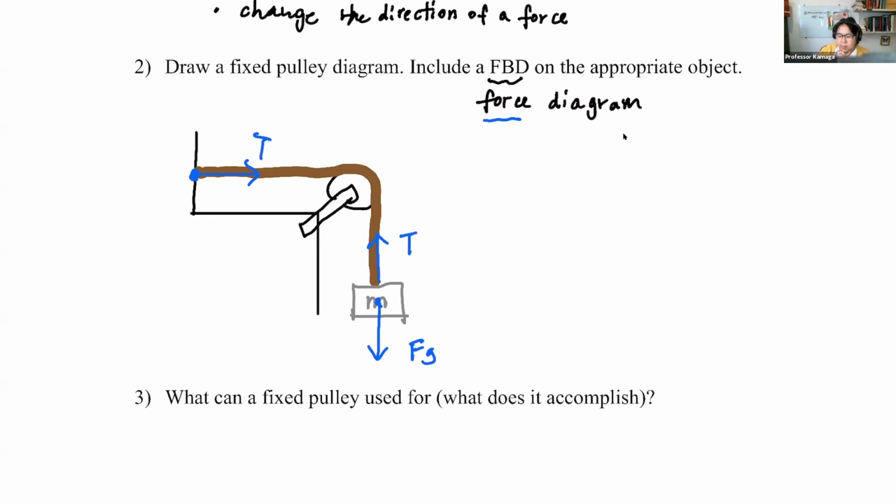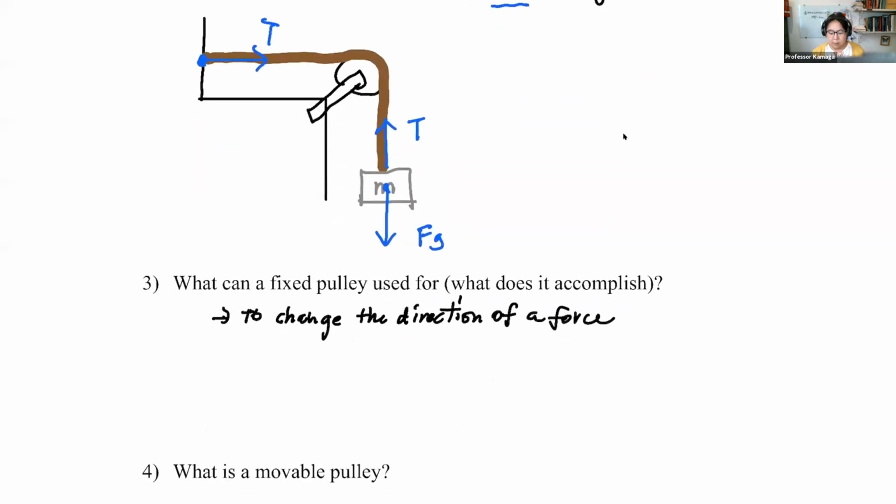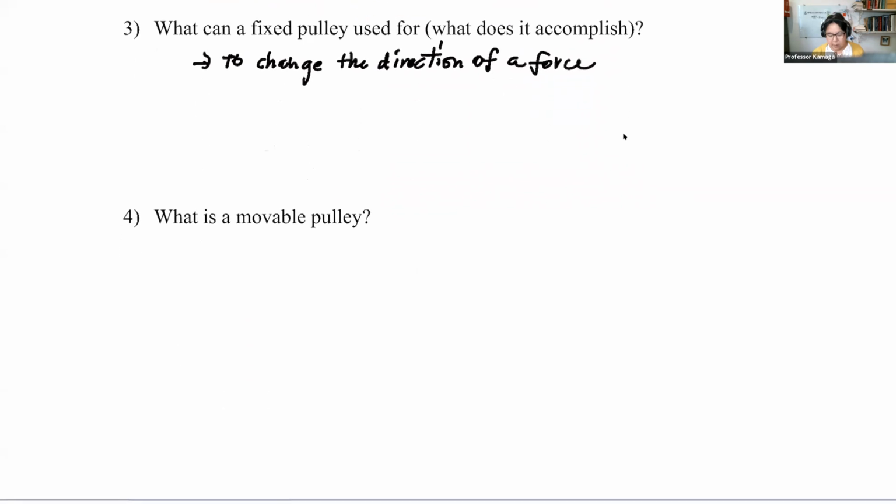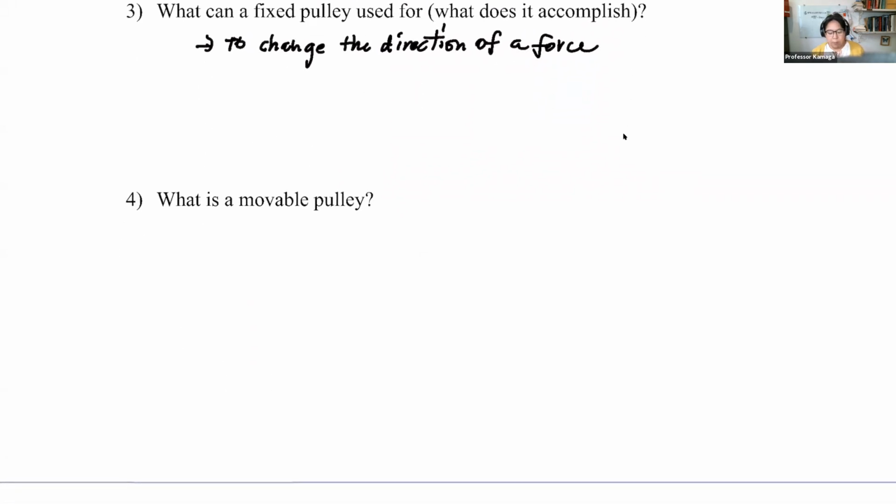So what does the fixed pulley accomplish? It changes the direction. So it makes it easier to exert force in whatever direction you desire. What is a movable pulley?